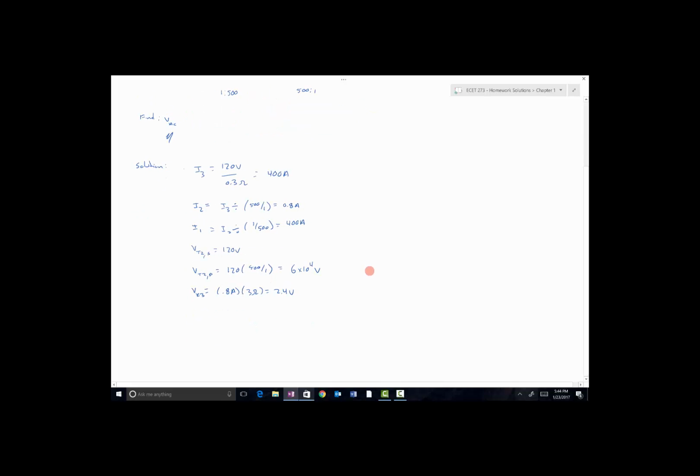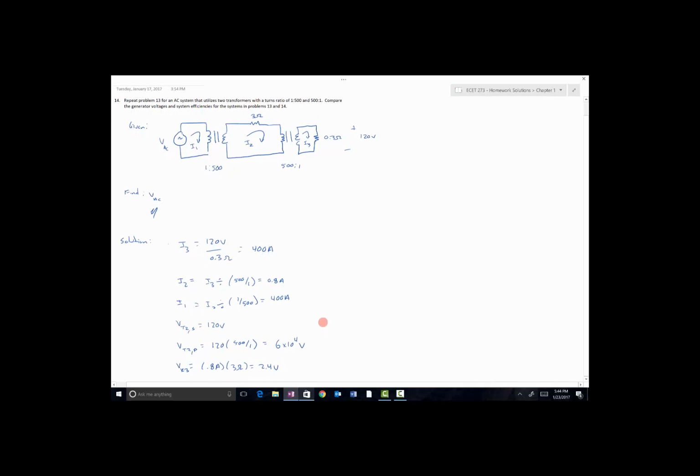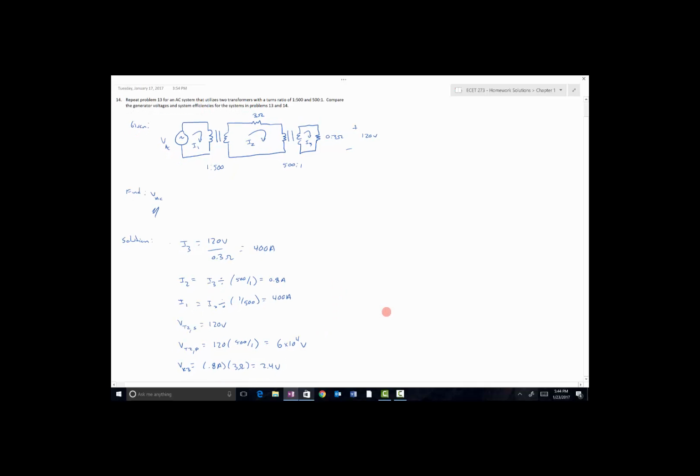Sorry guys, there's a little lag in the computer for some reason right now. Anyway, I can say that the voltage here is just the voltage drop plus the voltage across transformer 2's primary, an application of KVL. So the voltage in transformer 1's secondary is going to be equal to 60,000 volts plus 2.4 volts, equals 60,002.4 volts.